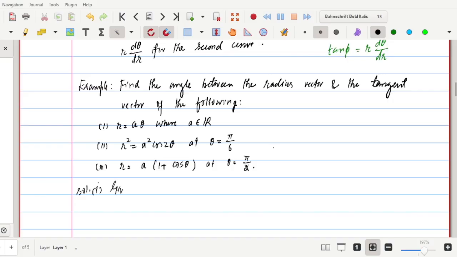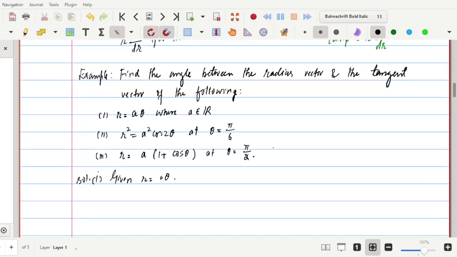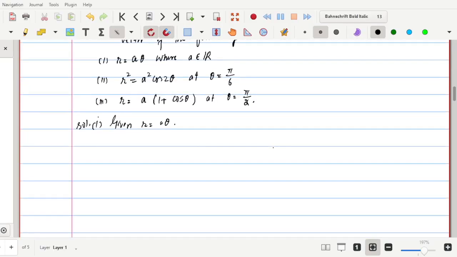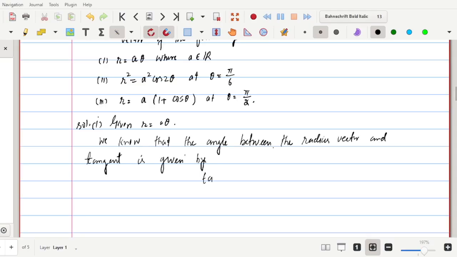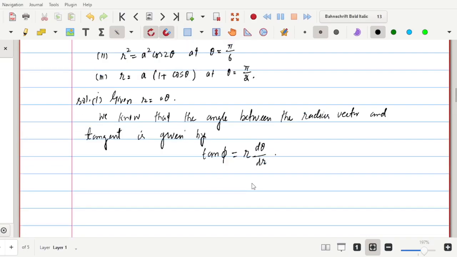We are given r is equal to a theta. We know that the angle between the radius vector and the tangent is given by tan phi is equal to r d theta by dr. So we shall first evaluate this d theta by dr and then substitute it in this formula.